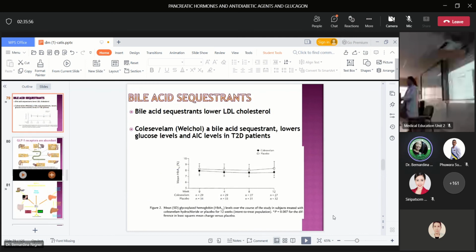Okay, so your anti-hyperlipidemics, there is one group there, your bile acid sequestrants, that can lower your low-density lipoprotein cholesterol.